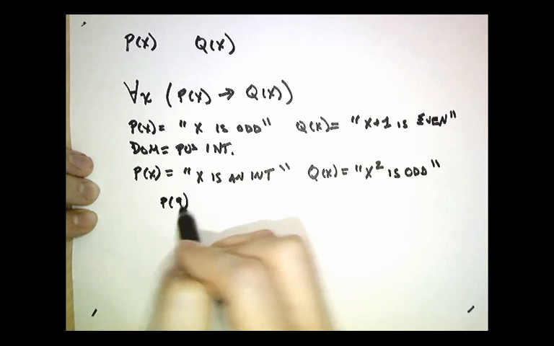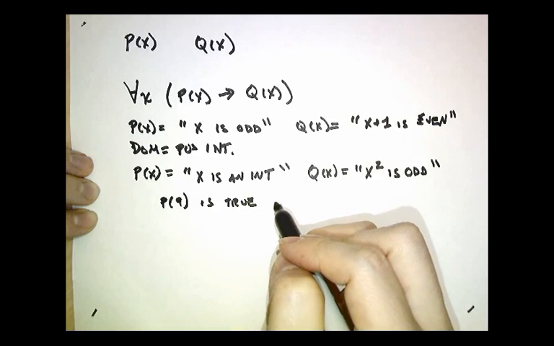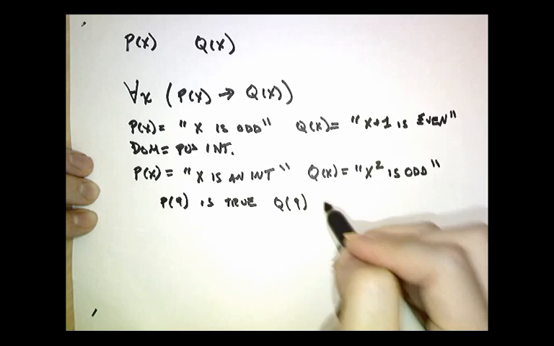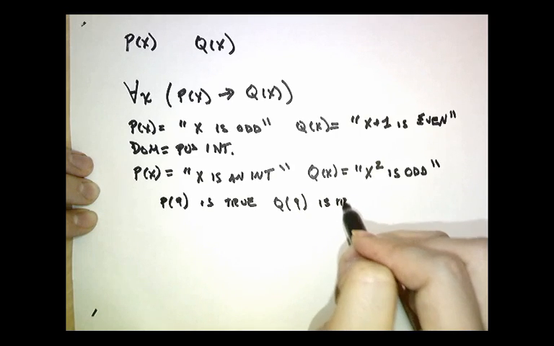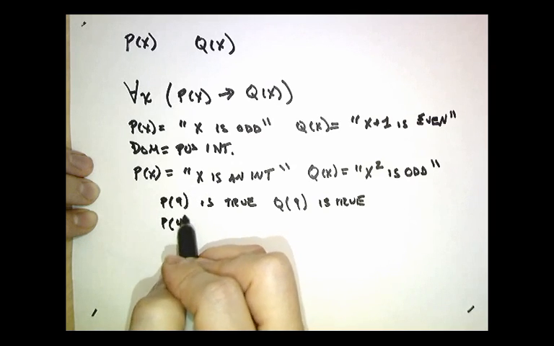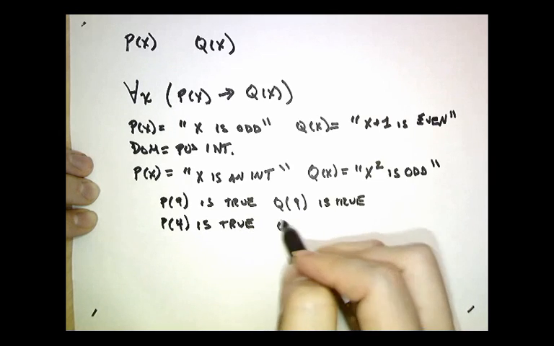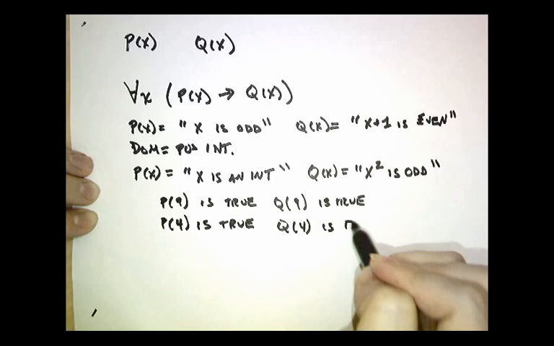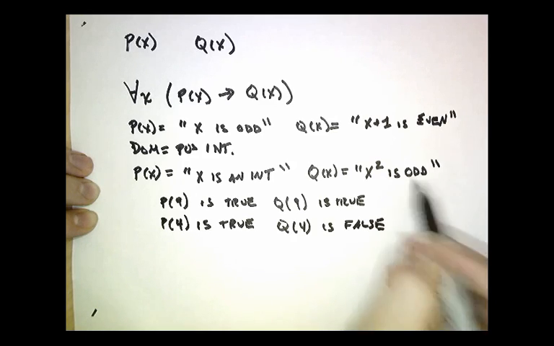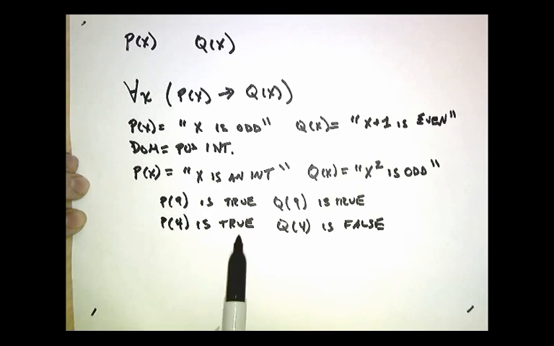So p of 9 is true, and q of 9 is also true, right? Because 81 is also odd. But how about this? P of 4 is true. 4 is an integer. But q of 4 is false. 16, 4 squared, is not odd. So it is not the case that whenever p is true, q is true. Because here we have an example where p is true, but q is false.